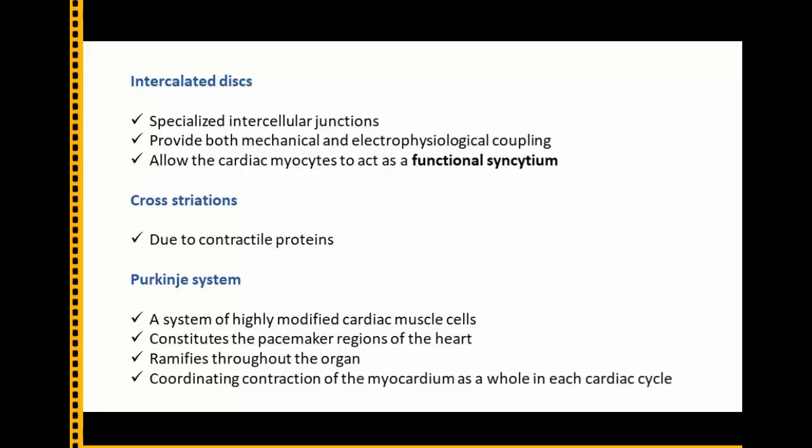Then these cross striations are due to contractile proteins in the cardiac muscle fibers. And it has a Purkinje system. What is that? You have heard about the cardiac conduction system. The Purkinje system is part of that. It is also made of highly modified cardiac muscle cells.